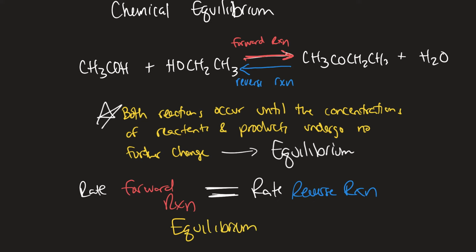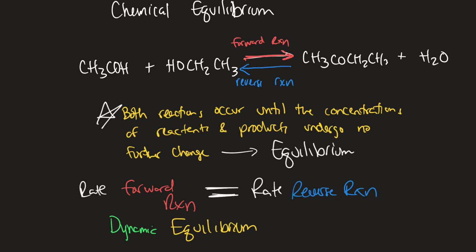This type of equilibrium is what we call dynamic equilibrium, meaning that the reaction never really stops. To us, it seems like it has, because we don't see a change in the concentrations of either the reactants or the products. But the reaction is always constantly going. It's just happening at the same rate, so there's no net change.